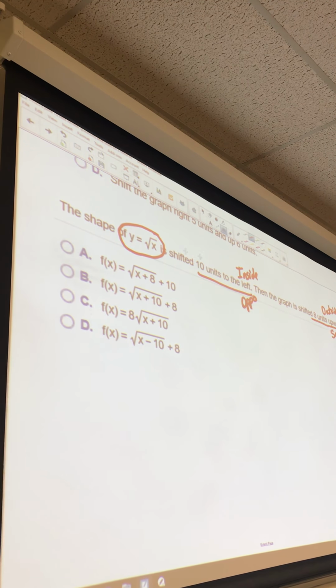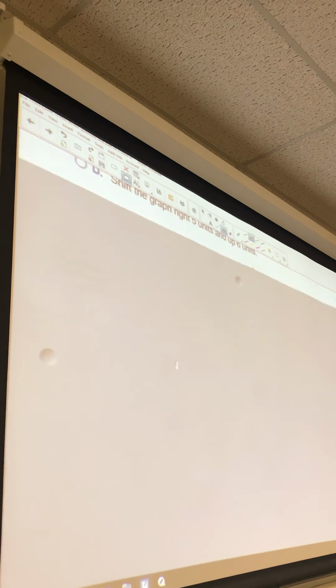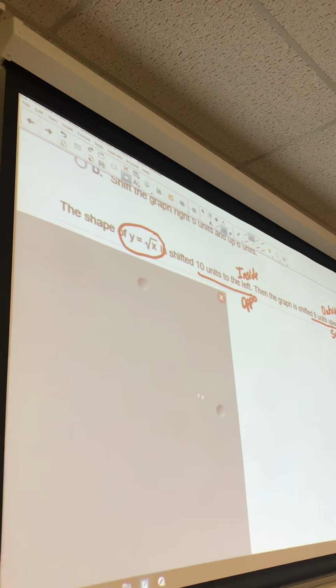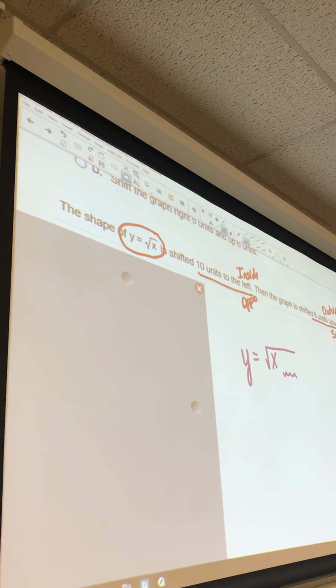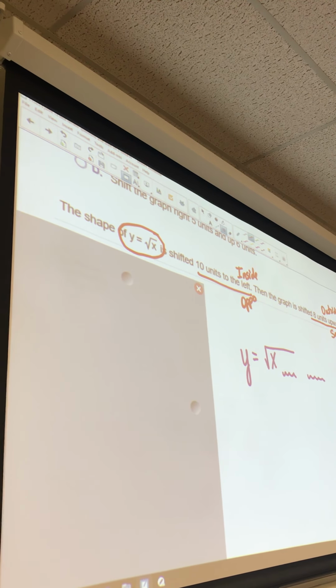So, take it piece by piece without looking over here at the answers. Let's think it through first. Having the answers there makes it too easy for y'all. So we got y equals square root of x. So inside we're talking about being here. Outside we're talking about being back here. So what is somebody thinking?